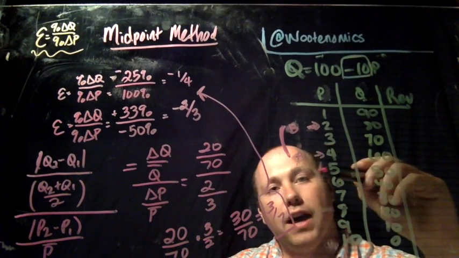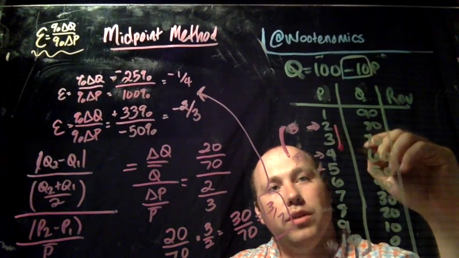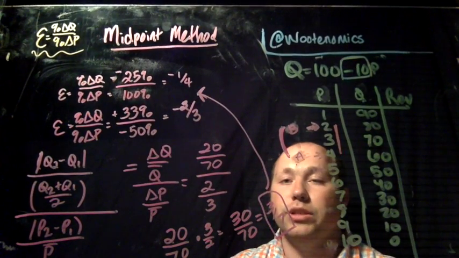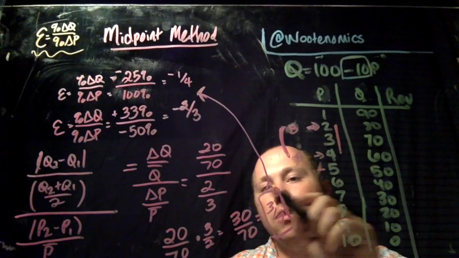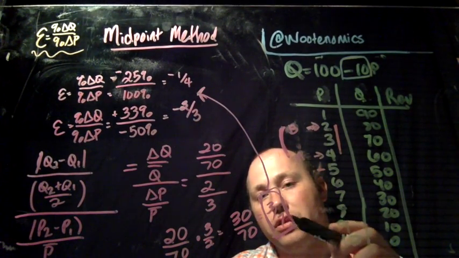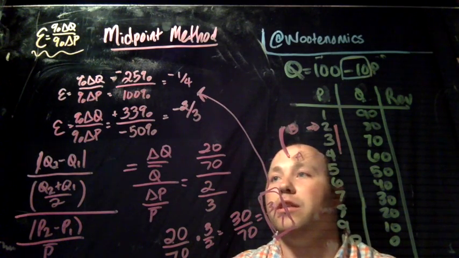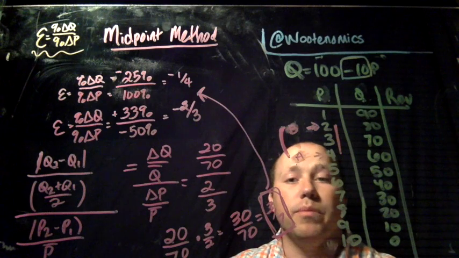Again, we're below 5, and earlier we identified 5 as our unit elastic point. So we know that this should be an inelastic region, which is what we find. In an inelastic region, the price change is larger than the quantity change. So this is how you calculate and use the midpoint method.